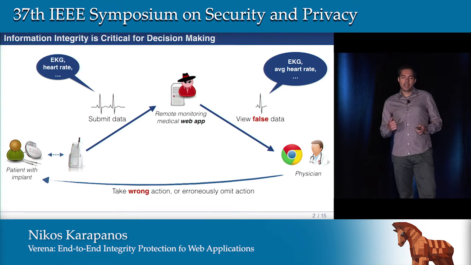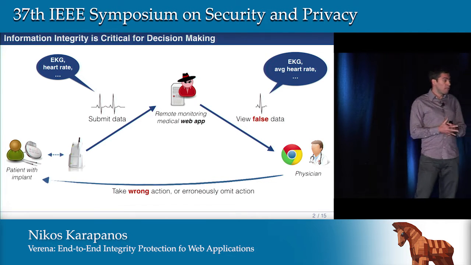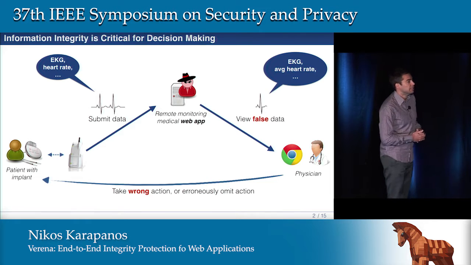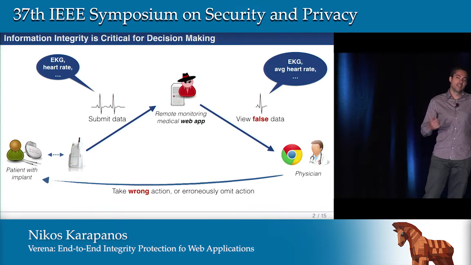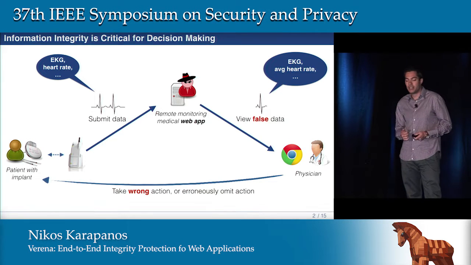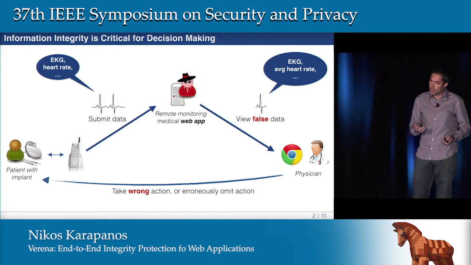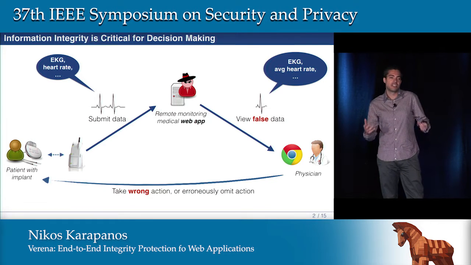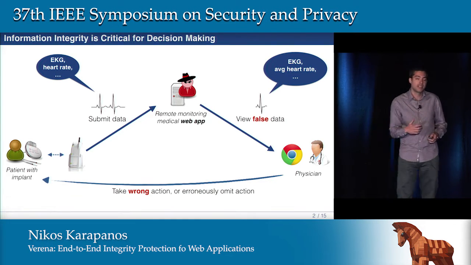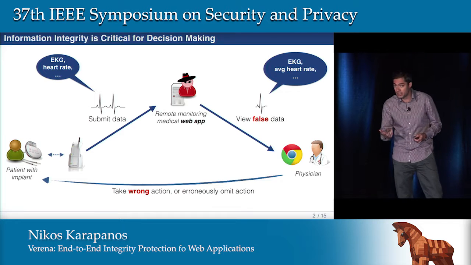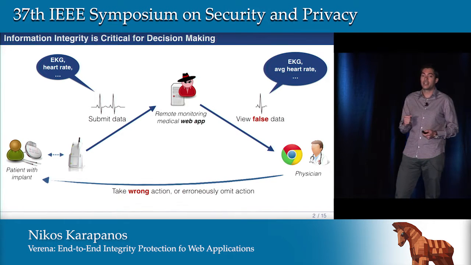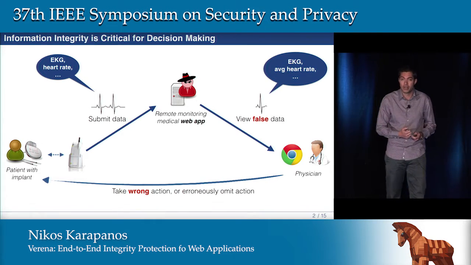Now imagine what can happen if an attacker manages to compromise this web server. Well, obviously, besides gaining access to sensitive information about the patients, he can also try to manipulate this information. And then when the physician accesses the web interface in order to read the patient's status, he can submit false data to the doctor. And this might lead to the doctor taking some wrong action on the patient, or maybe omitting some action that would be otherwise necessary for the patient's health.